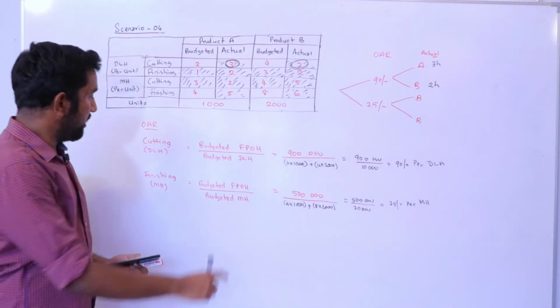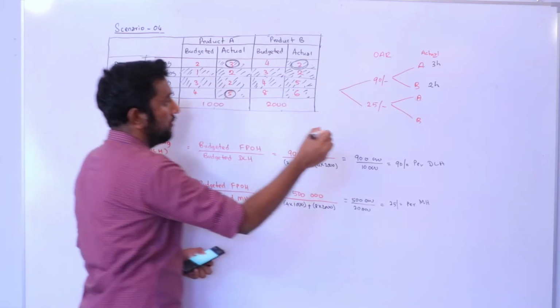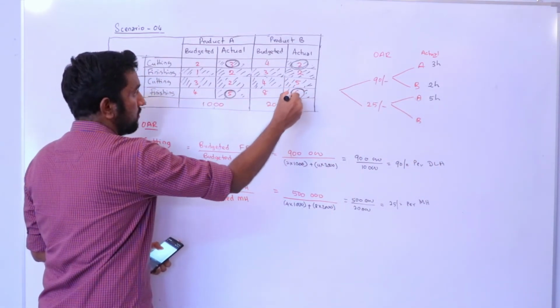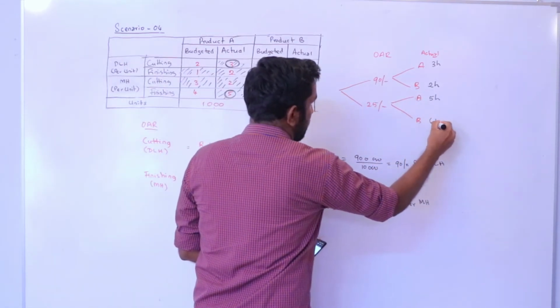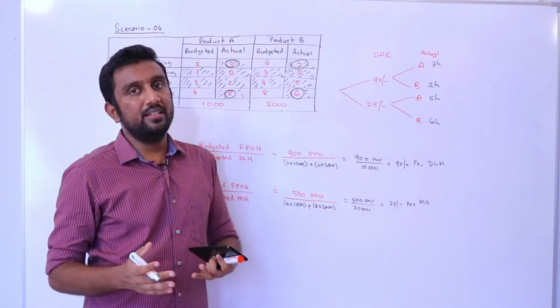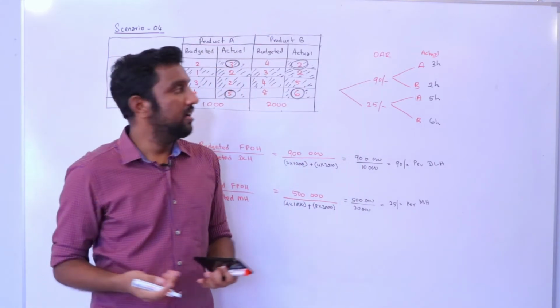So the second one, 25, is what? Finishing department. What is my actual for A? 5. What is my actual for B? 6. So that is a working which makes the next step easier, you just have to find and fill it. Now you can get the answer, right?